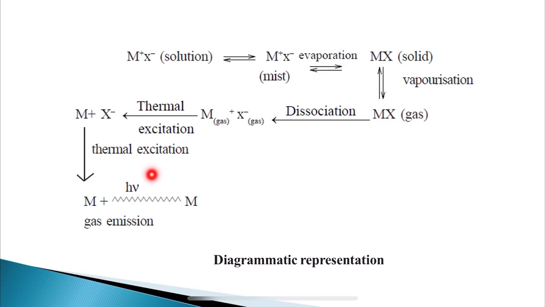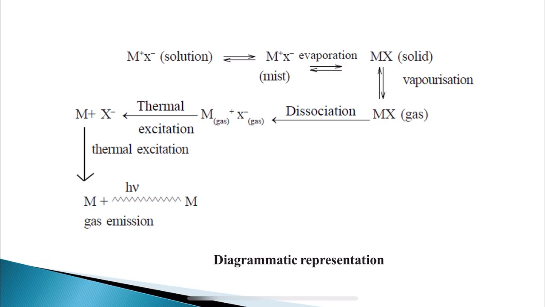So, thermal excitation is going to take place, and when it returns to the ground state, it is going to emit the energy which it has absorbed from the flame, and emission will occur with the transmission of light, which is represented as h nu. Okay. So, this is how the diagrammatic representation of flame photometry can be explained.